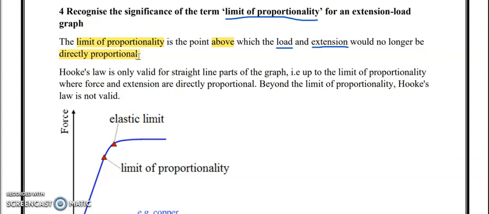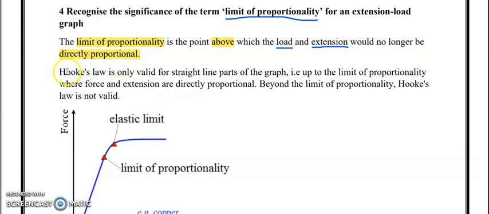If you put a load of 100 grams and you get an extension of x, if you put a load of 200 grams, you should get an extension which is 2 times that of x. So there's proportionality there. When the limit of proportionality is surpassed, the load and extension will no longer be directly proportional and Hooke's law will no longer apply.